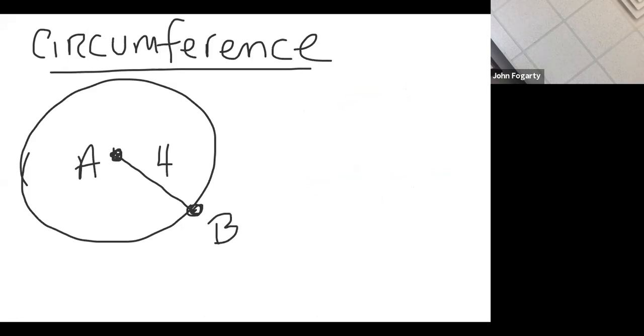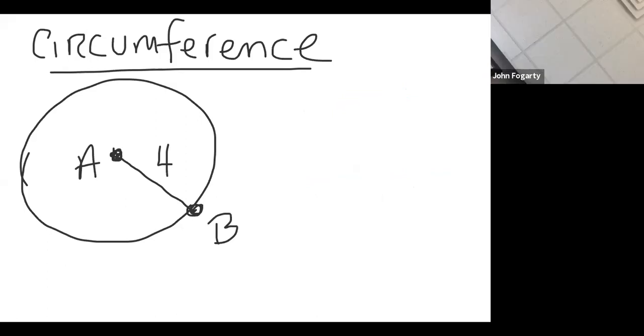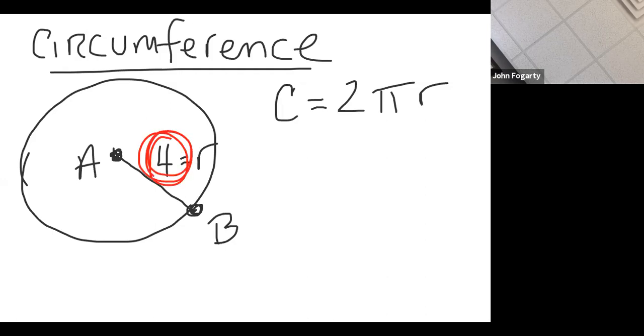What's AB? It's a radius. Good. Circumference is 2 pi r, because 4 is r. So I'm just going to take my 4 and substitute it into the formula.